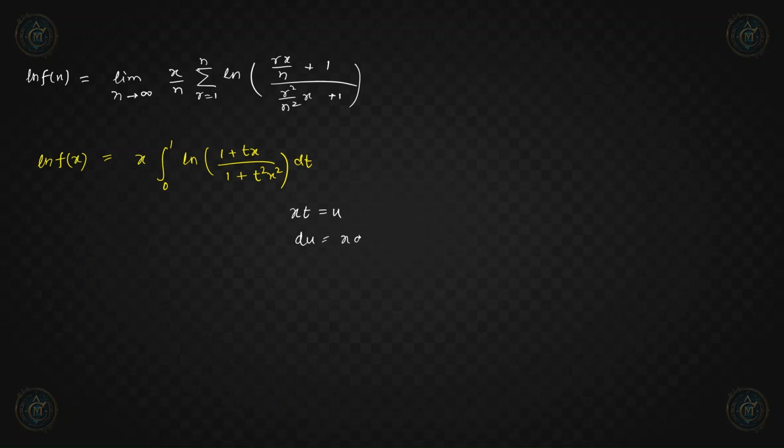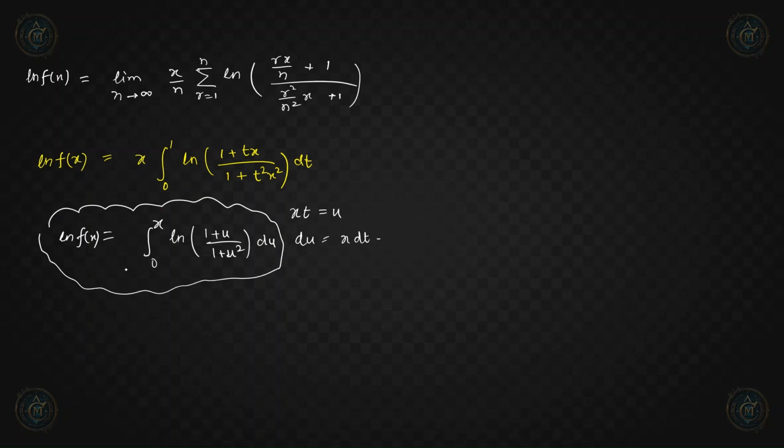Du becomes x dt. So we can write this as the integral from 0 to, the upper limit will be x, of log of 1 plus u divided by 1 plus u square, du. So this is our log of fx. So fx is e to the power of this thing, and fx is positive by default.